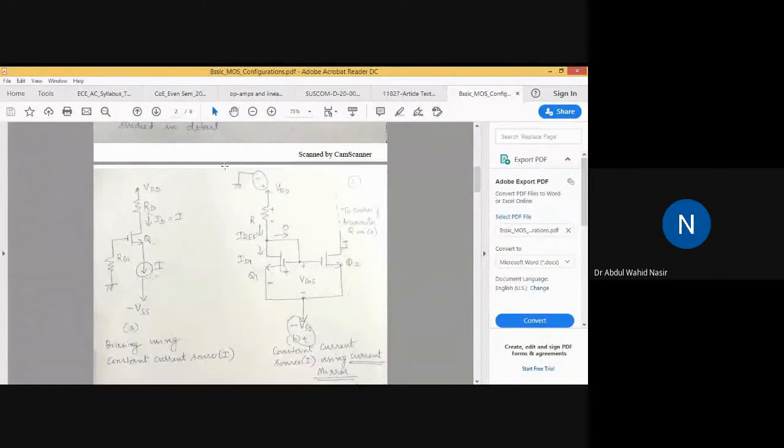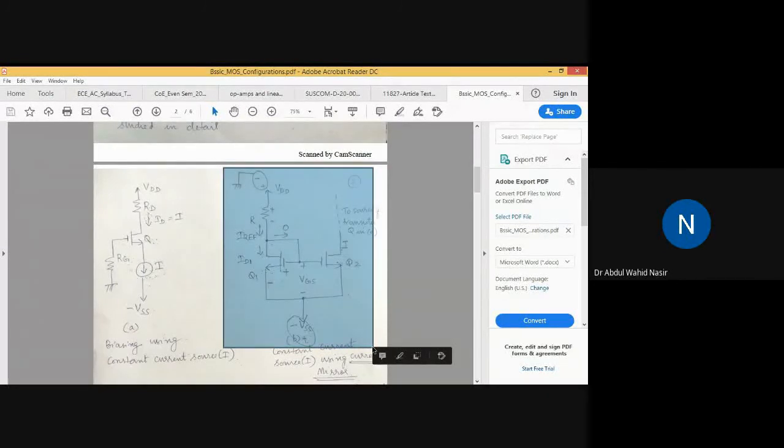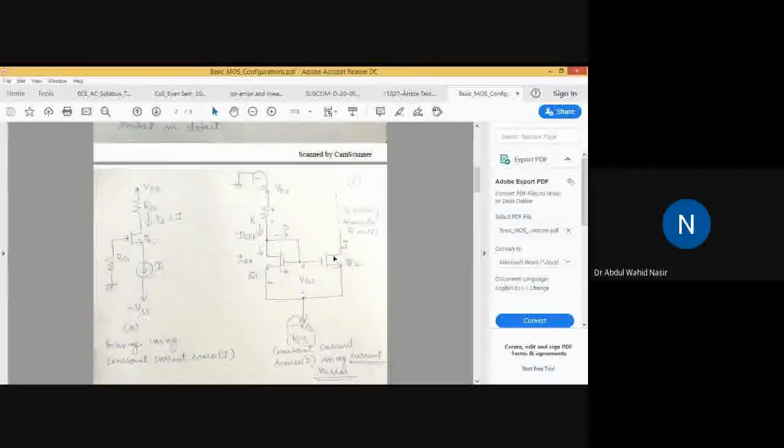It is a circuit where we have two MOSFET transistors. This is your current mirror. It consists of two transistors, Q1 and Q2, whose gate terminals are shorted.